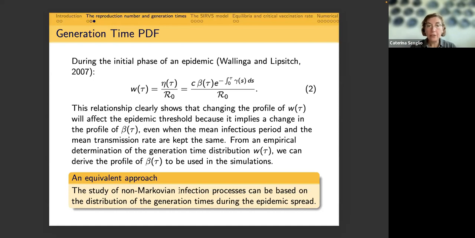And so the study of non-Markovian infection processes can be based on the distribution of the generation times during the epidemic spread.